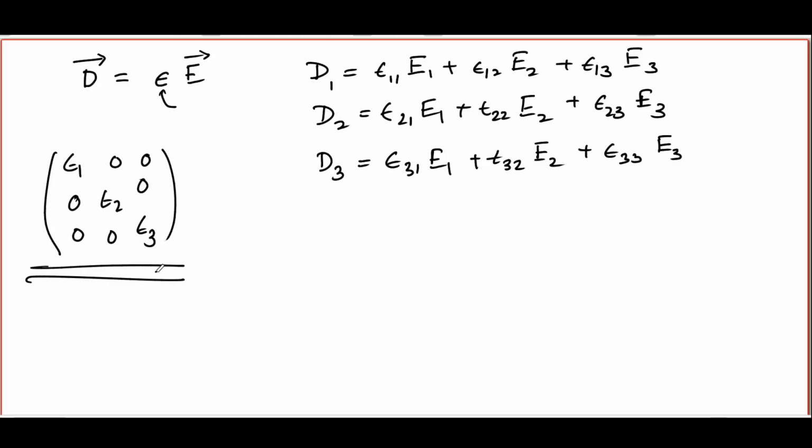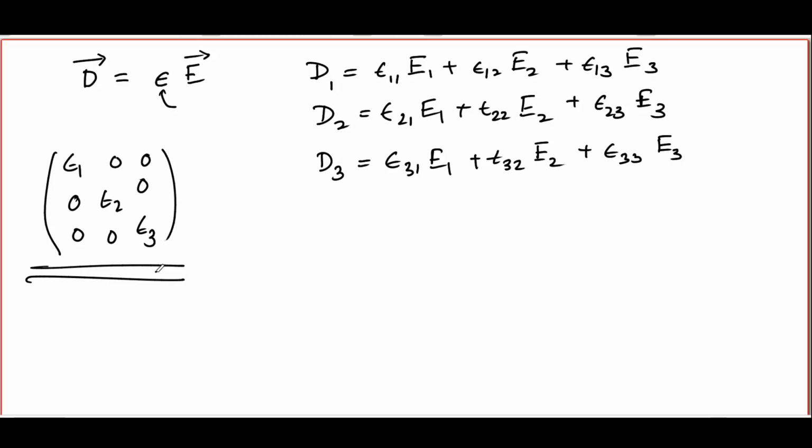And for an isotropic medium, it's still really a tensor, but it's a tensor which is not only diagonal, it has equal numbers along the diagonal. All the three permittivities, epsilon 1, epsilon 2 and epsilon 3 are actually the same. And so what you end up with is a permittivity tensor which is essentially epsilon times the identity matrix. So it's effectively the same thing as a number epsilon.